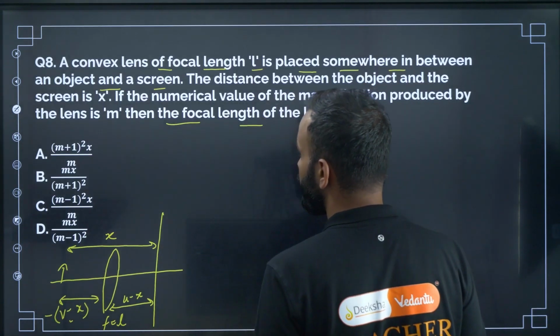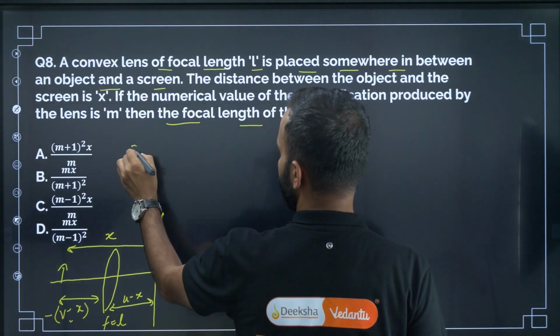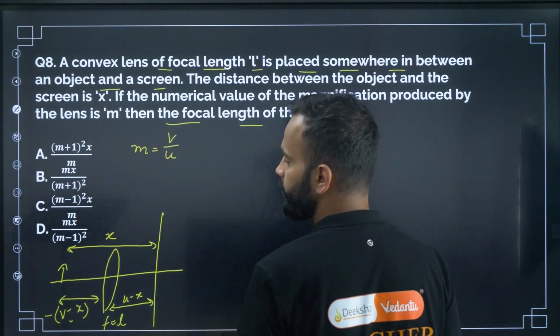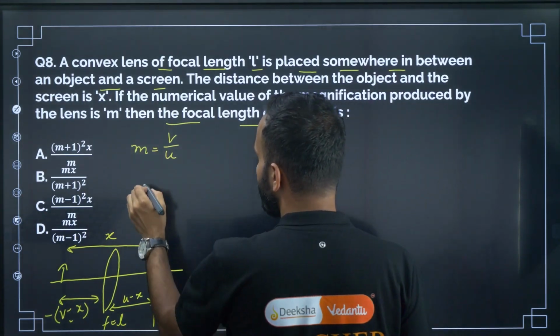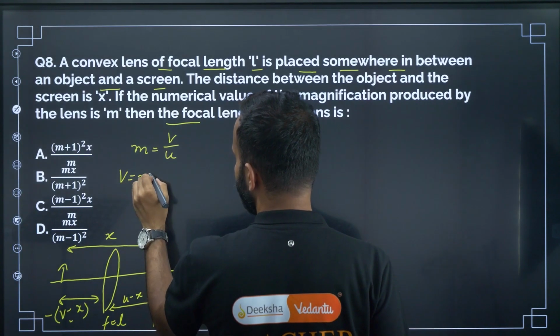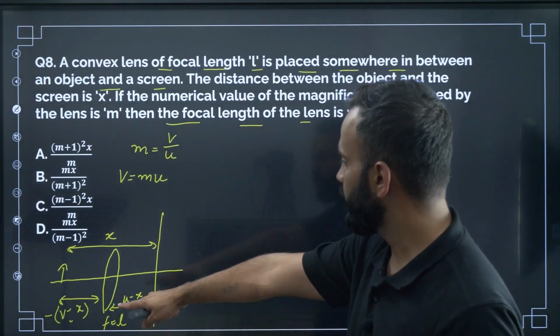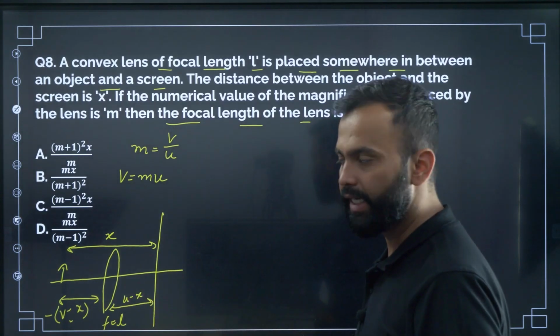The magnification of the convex lens, m equals v by u, so v equals m into u. U is minus of v minus x.